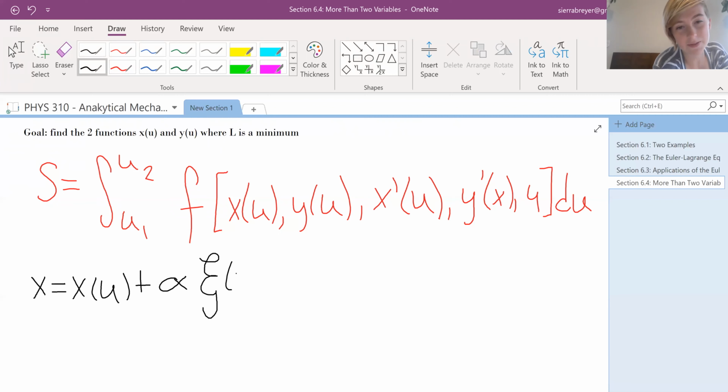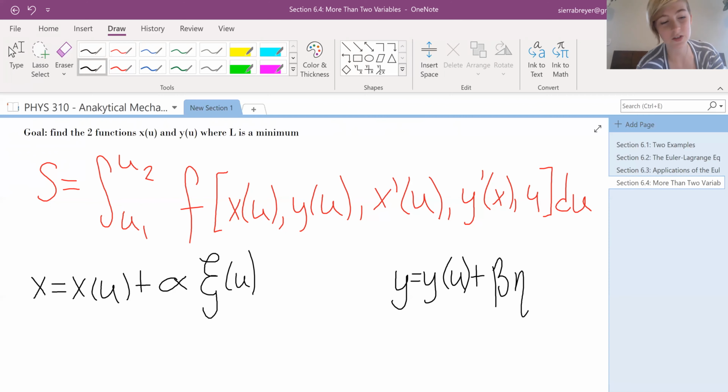And then for y, we're going to have y equals y of u plus beta, and beta is going to do the same thing as alpha, where it's going to vary so that our made up function doesn't have to. And here we're going to use that squiggly envoy, and the squiggly envoy is going to be a function of u.